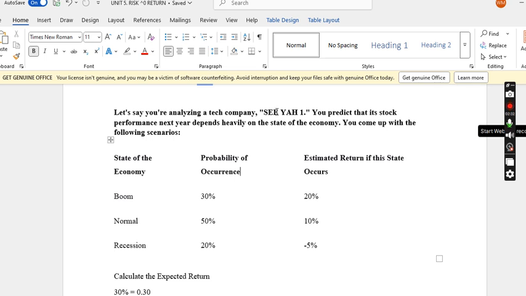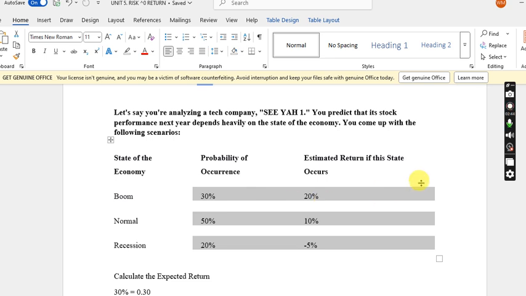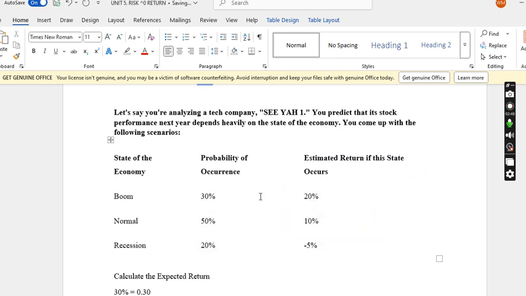To calculate the expected return, which is just the average return, you convert these percentages into decimals. 30% is 0.3, 20% is 0.2, 50% is 0.5, 10% is 0.1, 20% is 0.2, and here we have negative 5%, which is negative 0.05.